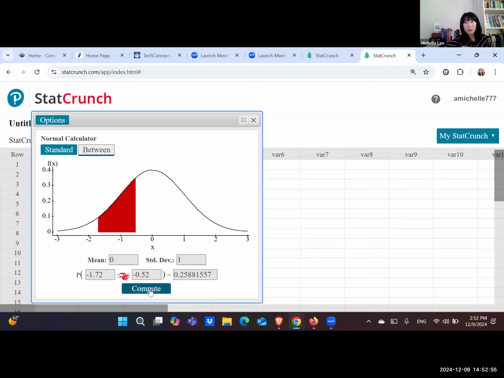Okay, click. All right. 0.25881557. So we round to 4 decimal places, which is 0.2588, right? All right, so let's answer that.